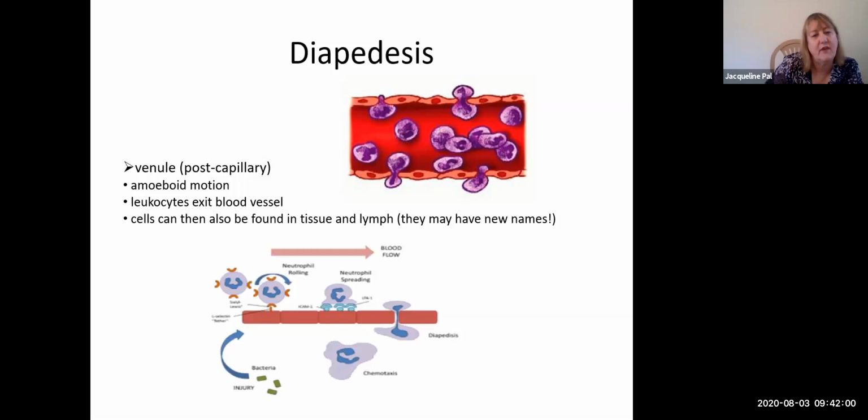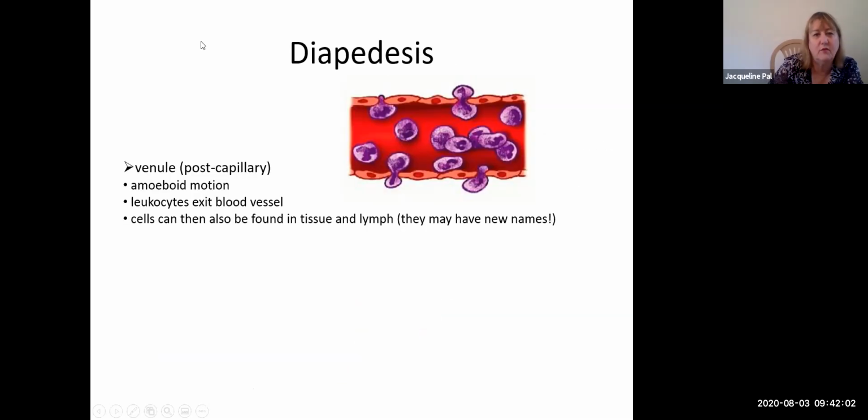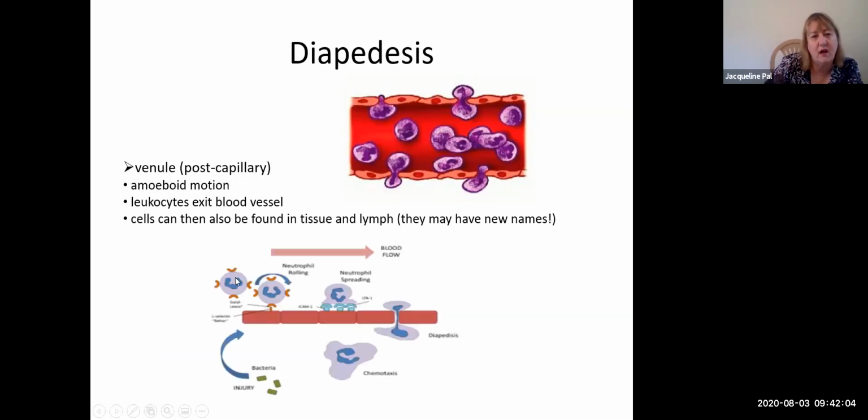And so here's how it happens. They're cruising along, rolling along in the bloodstream, and if there is an inflammatory reaction going on nearby, that can cause them to stick to proteins, whose names you don't need to know, on the inside of the blood vessel wall, which really stops their forward flow.